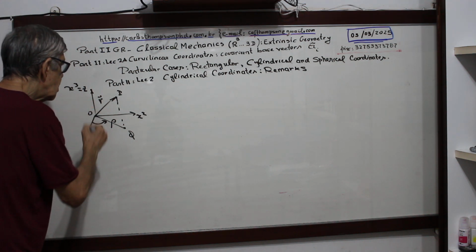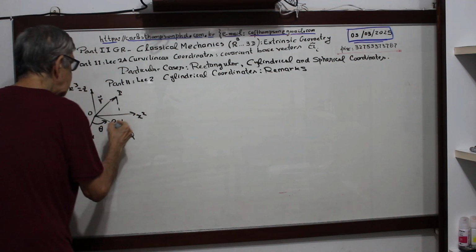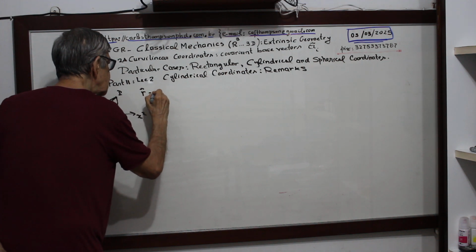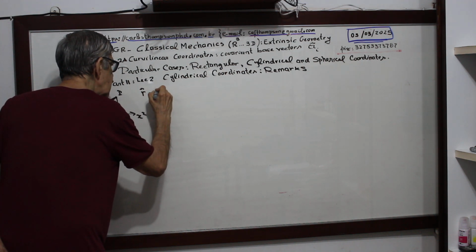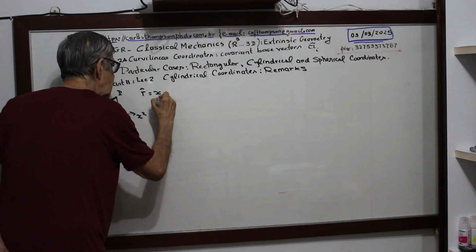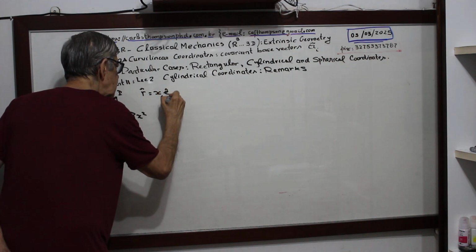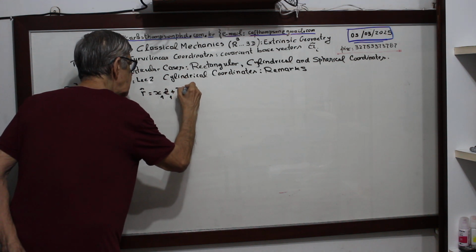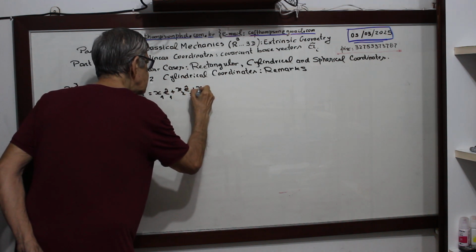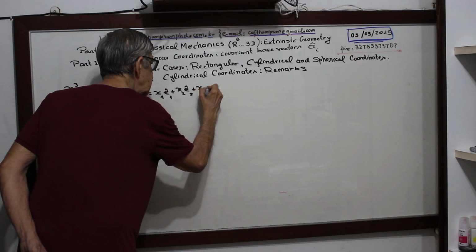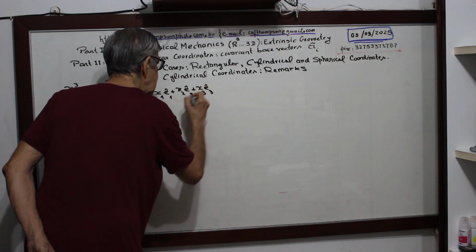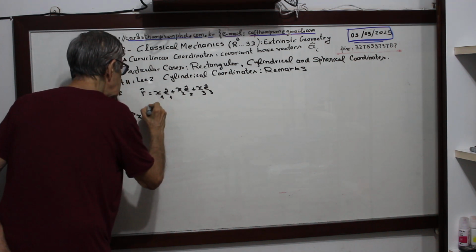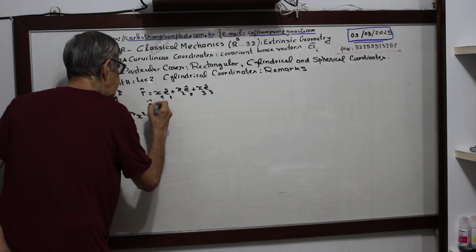Now we see that R is equal to x1 E1 plus x2 E2 plus x3 E3. Since R is invariant, then I can write here.